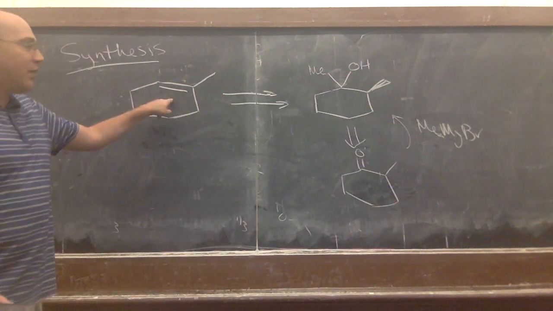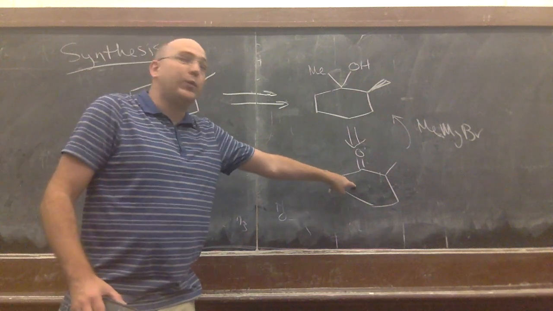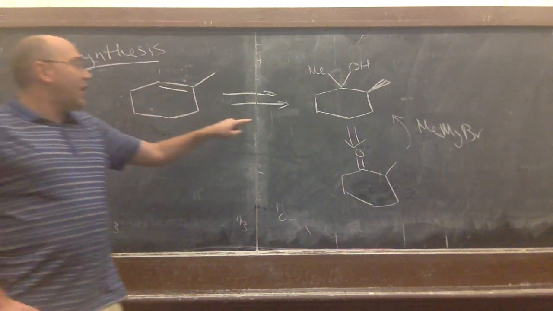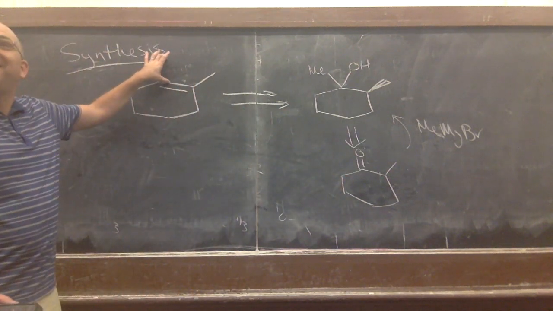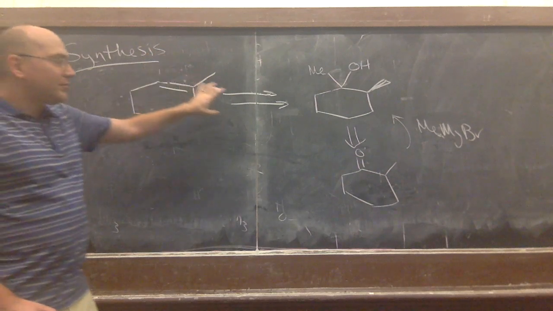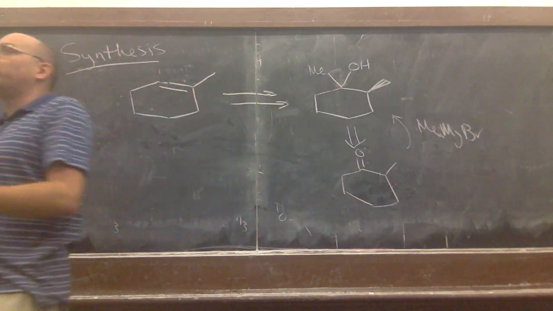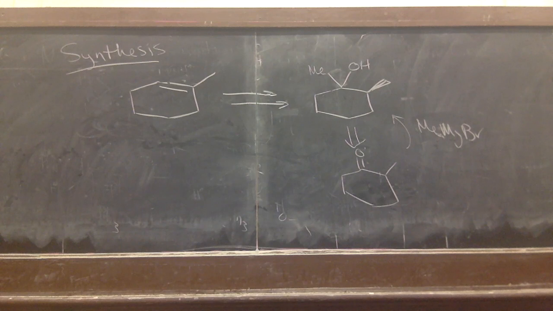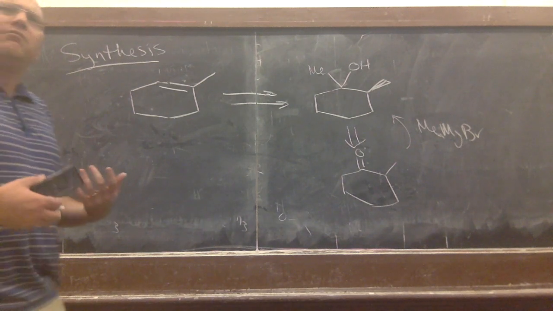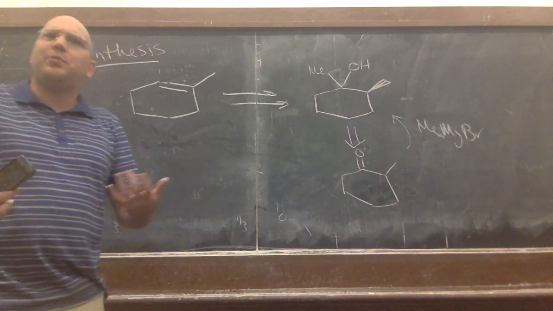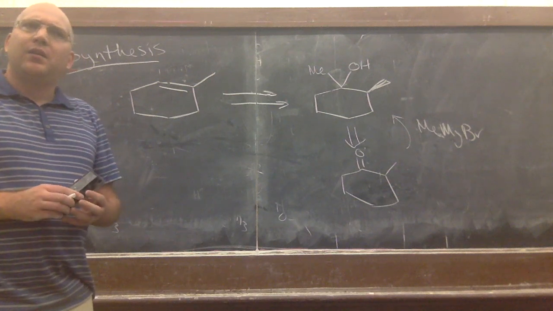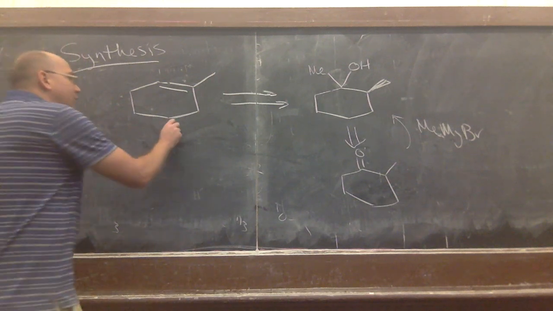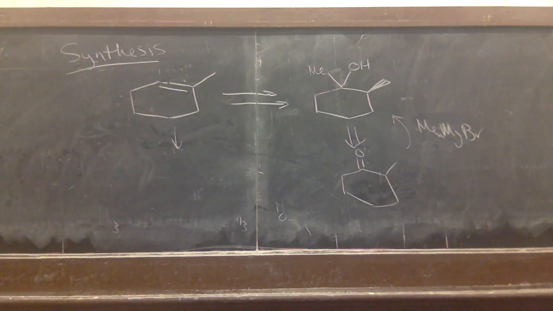All right, so now what we need to do is somehow get an oxygen up here, and we also need to get it in the right oxidation state. Both of those could lead to the same answer. Right, so if you want to put an oxygen there, we know that we can do that.